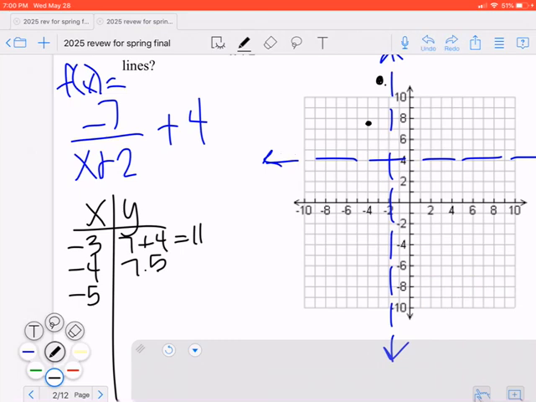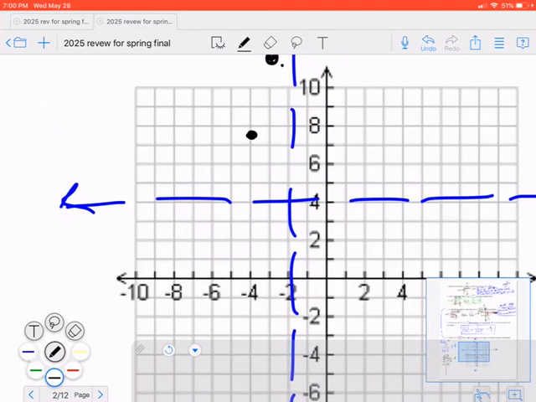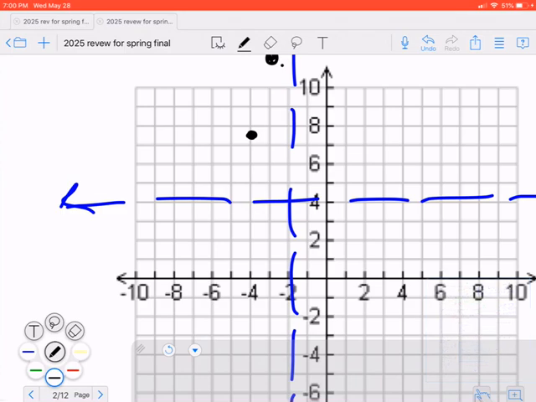Negative 5 plus 2 is negative 3. So negative 7 over negative 3 is about 2.3333 plus 4 is 6.3. So to the left 5, up 6.3.